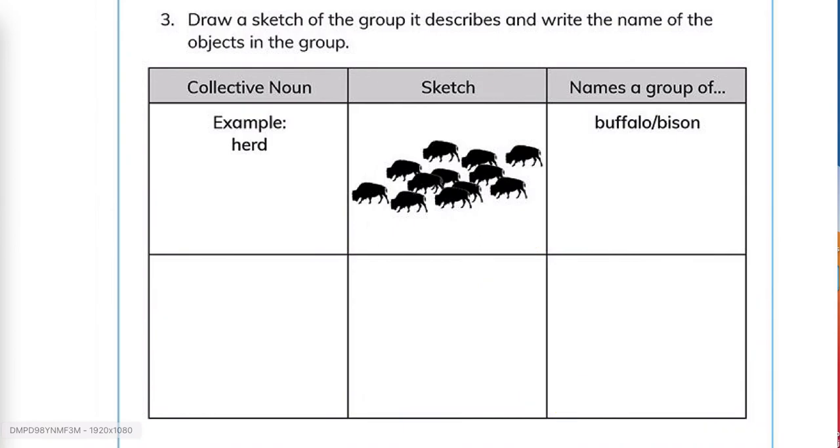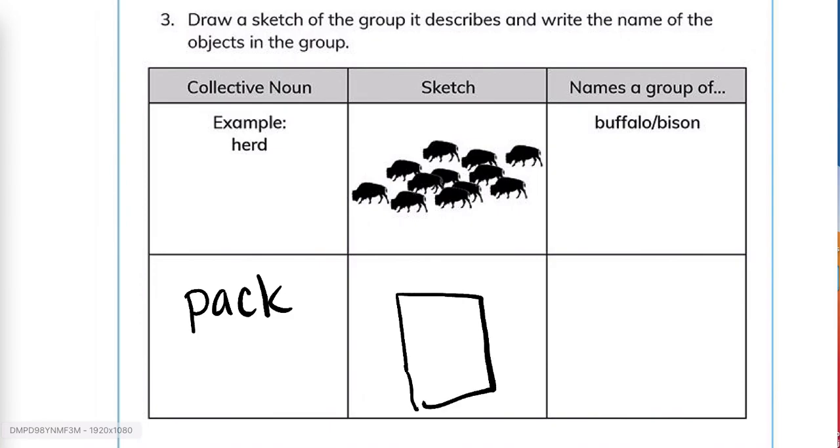So if I did write a pack of pencils, then I might draw a box with a bunch of pencils in it. Because that's a group of pencils. So this would name a group of pencils. I want you to come up with your own.